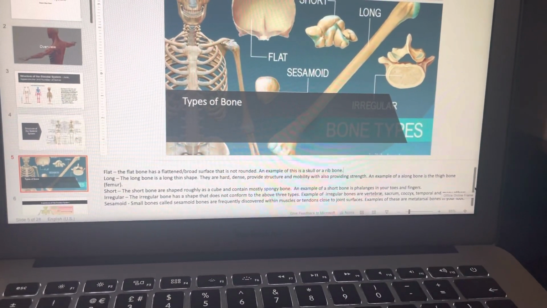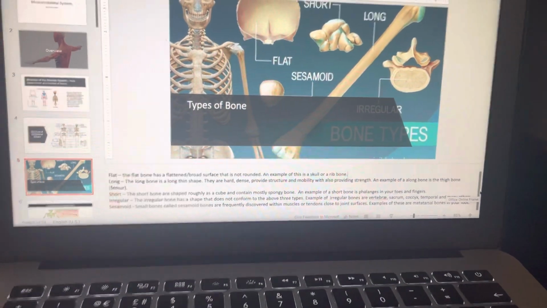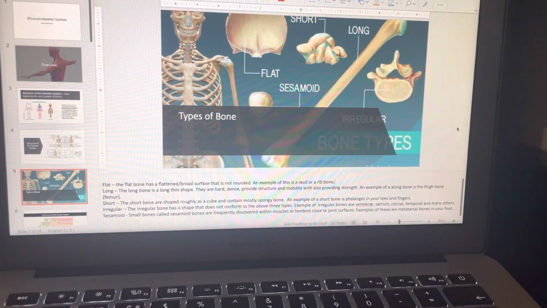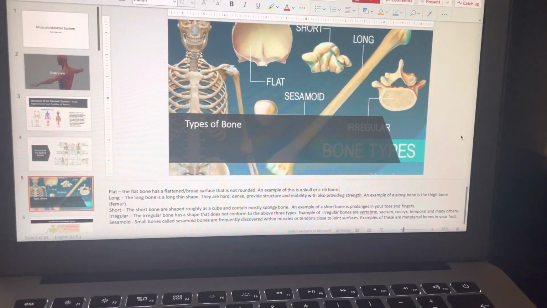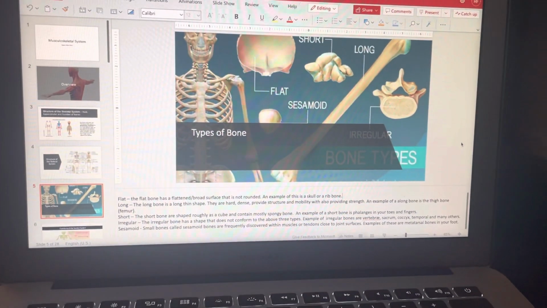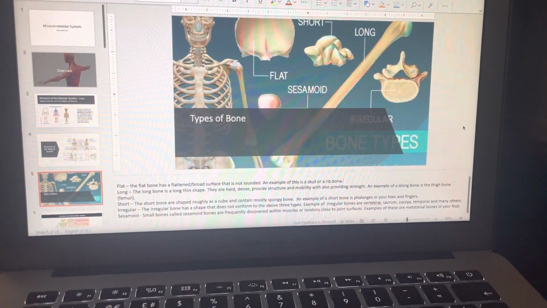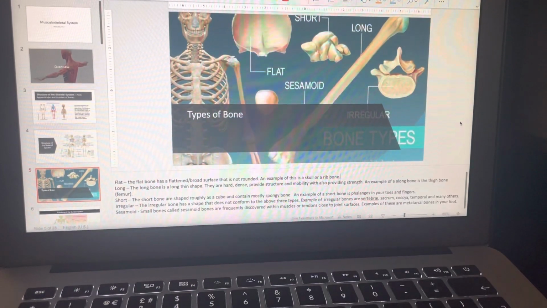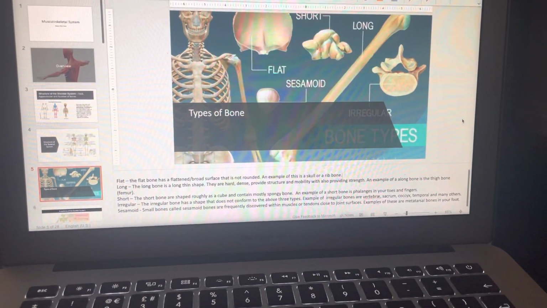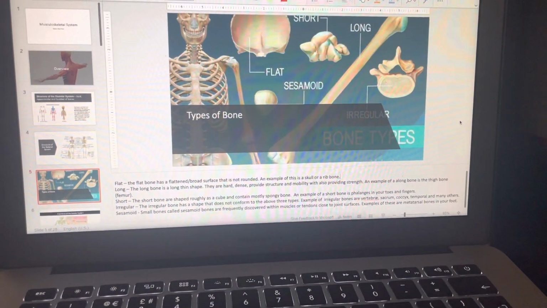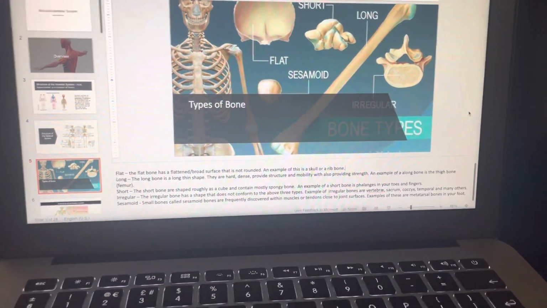Examples of irregular bone are vertebrae, sacrum, coccyx, temporal, and many others. Finally, the sesamoid bone. Small bones called sesamoid bones are frequently discovered within the muscles or tendons close to the joint surfaces. Examples of these are metatarsals in your foot.